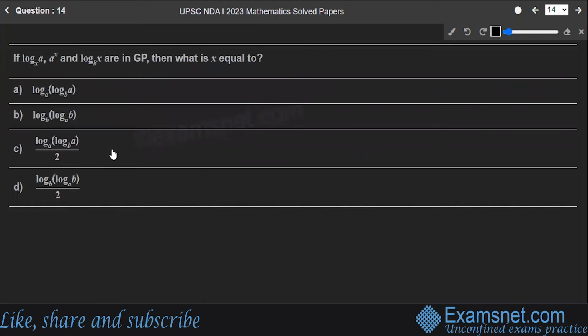Log to the base x of a, comma, a raised to power x, and log x to the base b are in GP. Then x is equal to what? So you are given log x a, a^x, and this. They are in GP. That simply means that product of these two is equal to square of this.